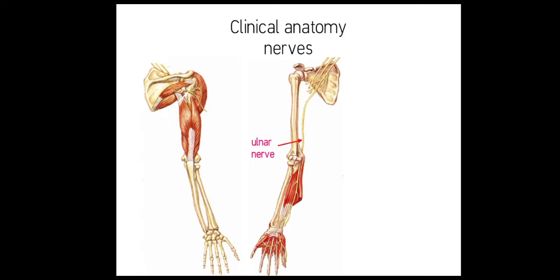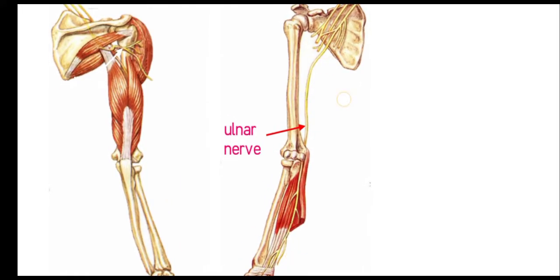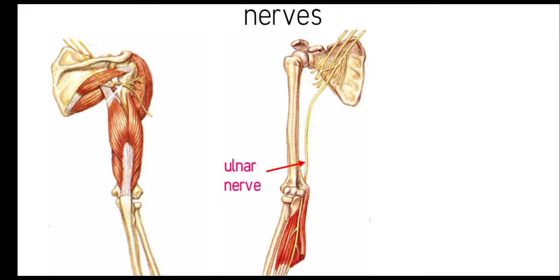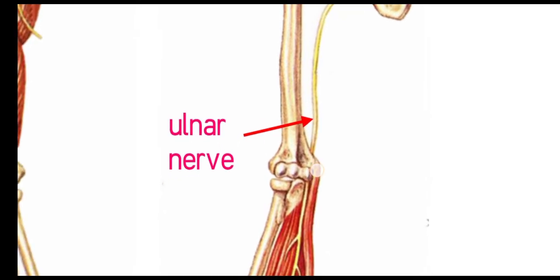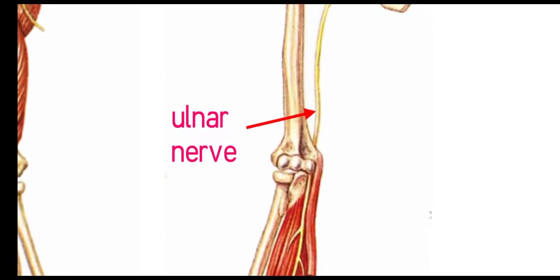For example, as we can see here, the ulnar nerve crosses the elbow joint near the medial epicondyle. Basically, it is located behind the medial epicondyle, and it is a very common site of injury of the ulnar nerve.